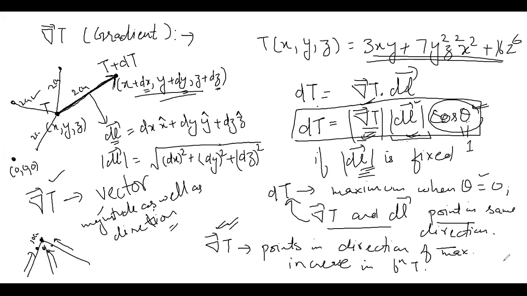Now it points in the direction of maximum increase in function t. And because gradient is a vector, if you calculate its magnitude, that magnitude will give you the slope in this direction, the direction in which you have the maximum increase.